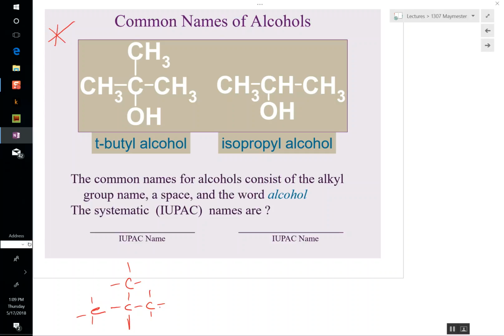And now you can see the other one on the right is an isopropyl group with an OH on it. It's isopropyl alcohol. It's a very common alcohol. That's rubbing alcohol. All right, now what are the IUPAC names of those two molecules?